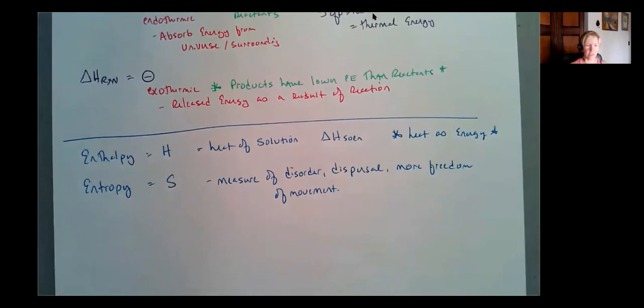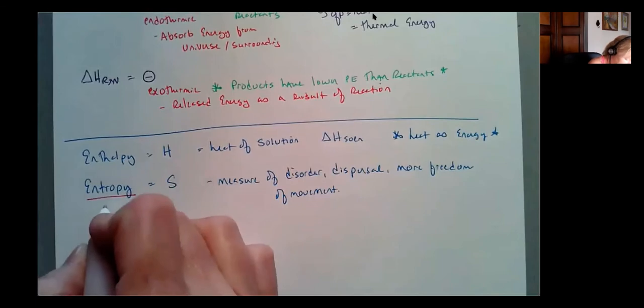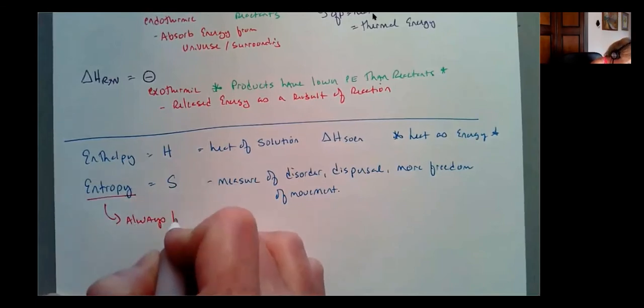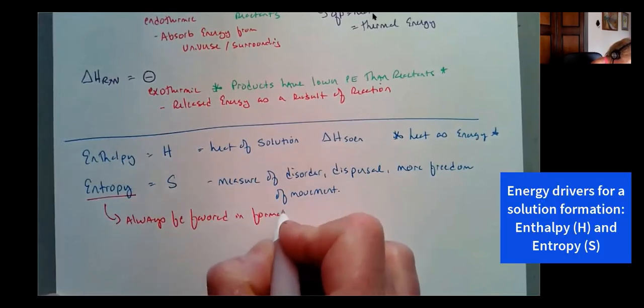If I take a solid and I drop it into water, whether it's a covalent compound or an ionic compound, what's going to happen is those molecules that are in that solid are going to move apart, and now they're going to be able to flow with the water. And so by forming a solution, I'm increasing the entropy. So this will always be favored in the formation of a solution.